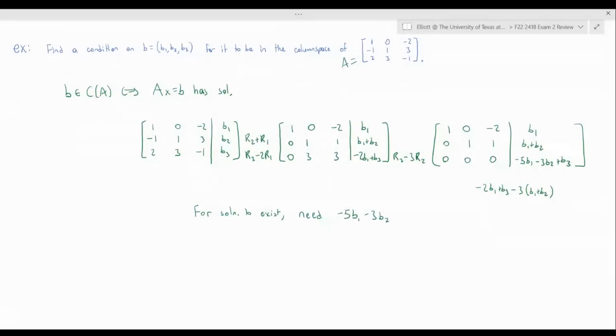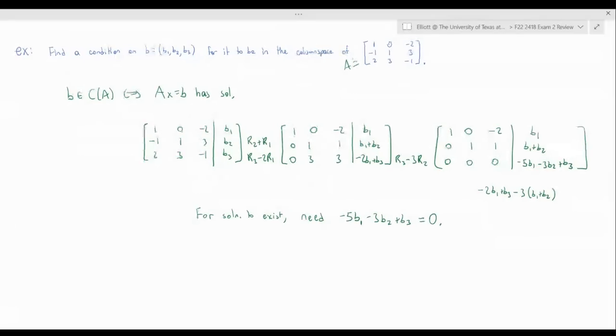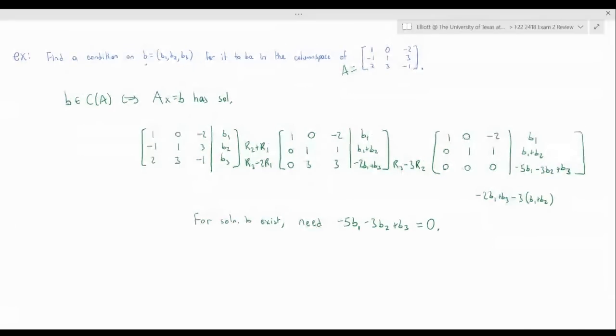Because if it's not 0, you'd have 0 equals something non-zero, and that would mean no solution. So we need this to be equal to 0, okay? So then this equation would be a condition on the vector b for it to be in the column space.